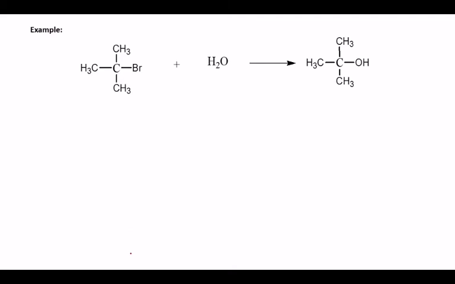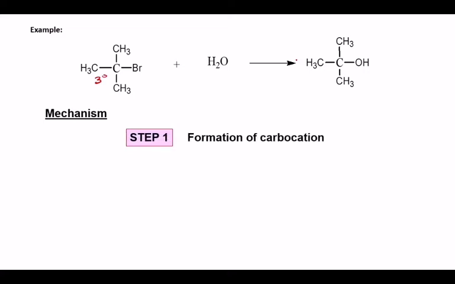For example, this haloalkane, we know that it is tertiary haloalkane. So it will reactive toward SN1, reacted with H2O, weak nucleophile, to form this product. So let's look at the mechanism. Step 1 is formation of carbocation ion. So what will happen at the first step is this C-Br bond will break, and at this step, it does not involve the nucleophile yet.